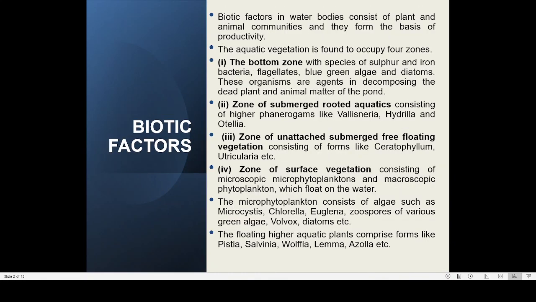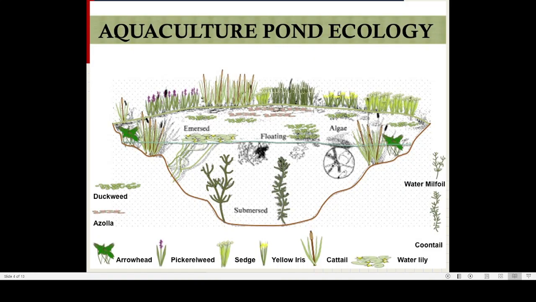So bottom zone is basically formed of sulfur bacteria, algae and flagellates, and their role is basically as agents in decomposition. So whatever plants and animals which are dying will be settling at the bottom of the pond.